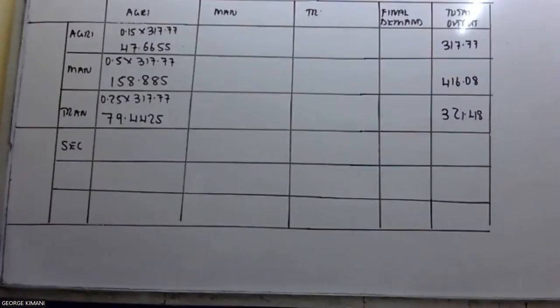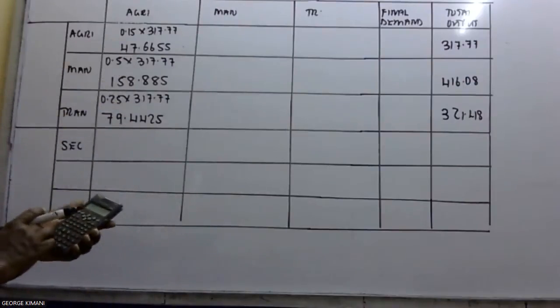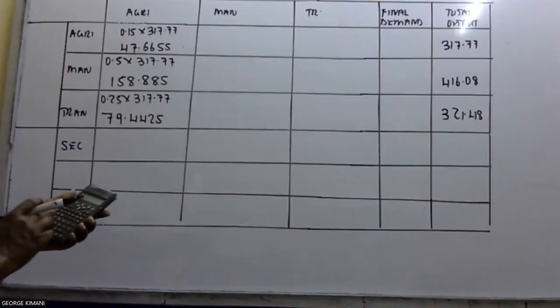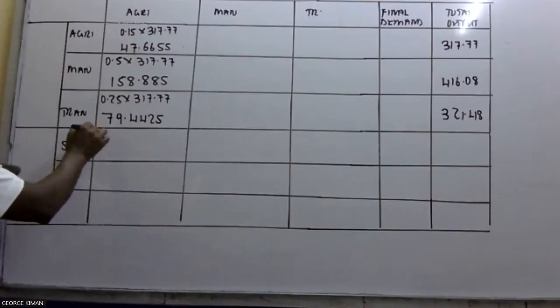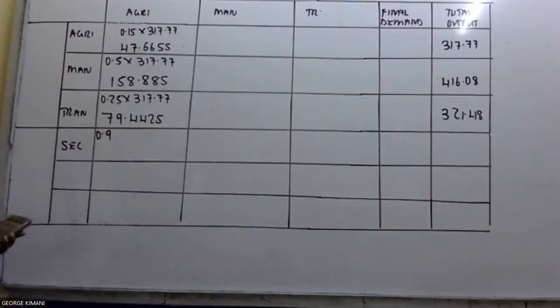So then we total those up. Now let me add; I remember what I told you, you add these decimals. 0.15 plus 0.5 plus 0.25, we get 0.9. Yes. And here we said this is primary.